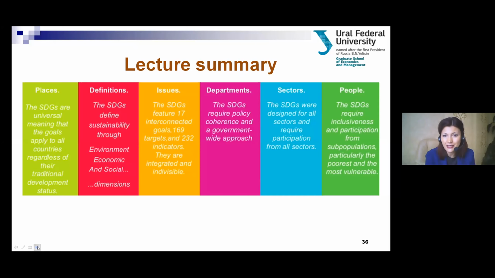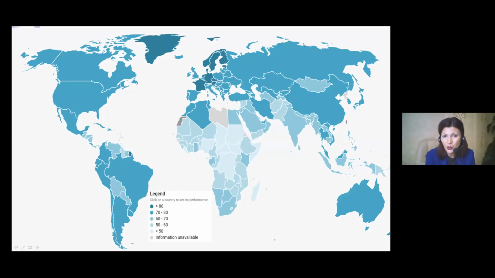Right now, we see how the world is changing with sustainable development goals. That's an interactive map which can be accessed at sdgindex.org. And you can see that only one country here is very close to the 2030 goal. And you see that we are more or less all right using the aggregate index.